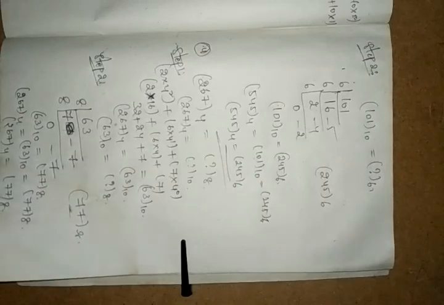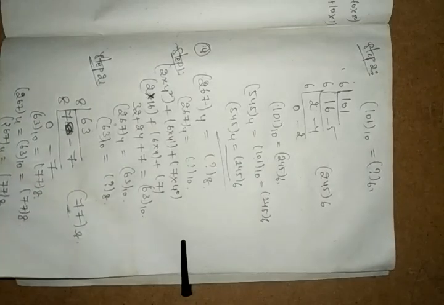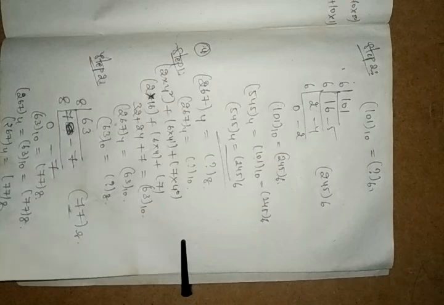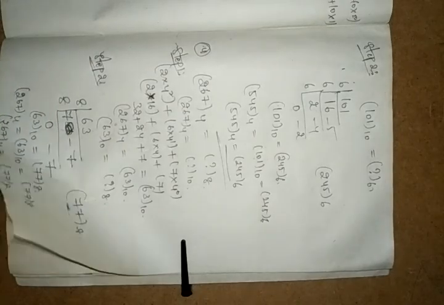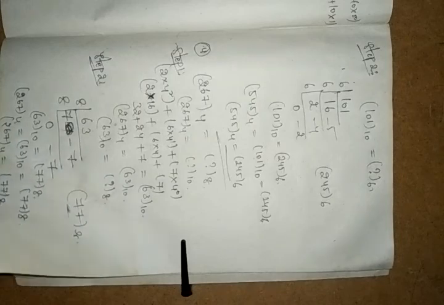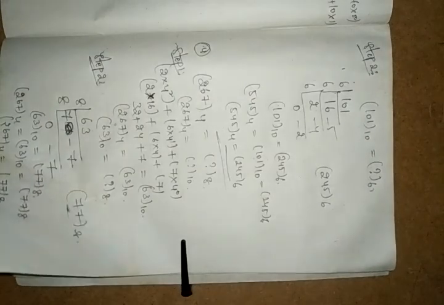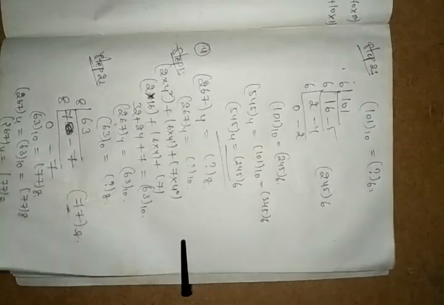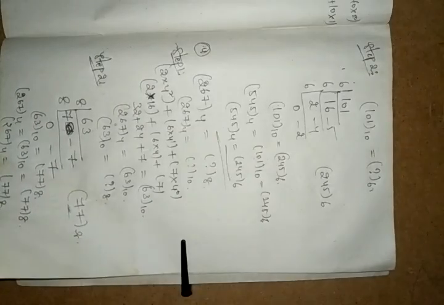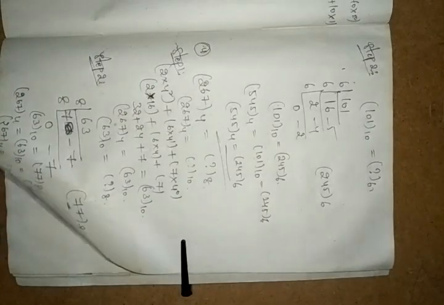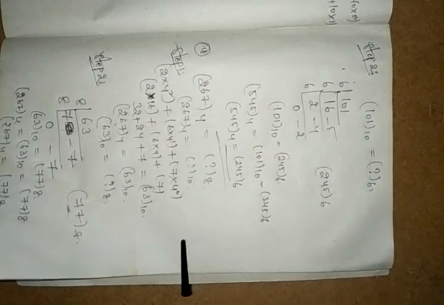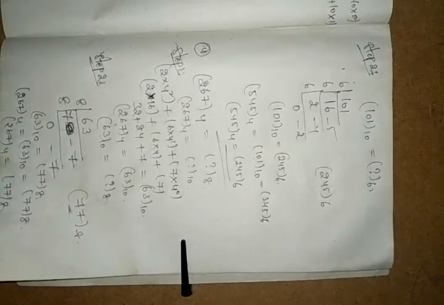Not only decimals, not only octals, not only binary, not only hexadecimal, whatever you choose can always be converted into any other number system. Here the other systems are like 4, 6, 8.